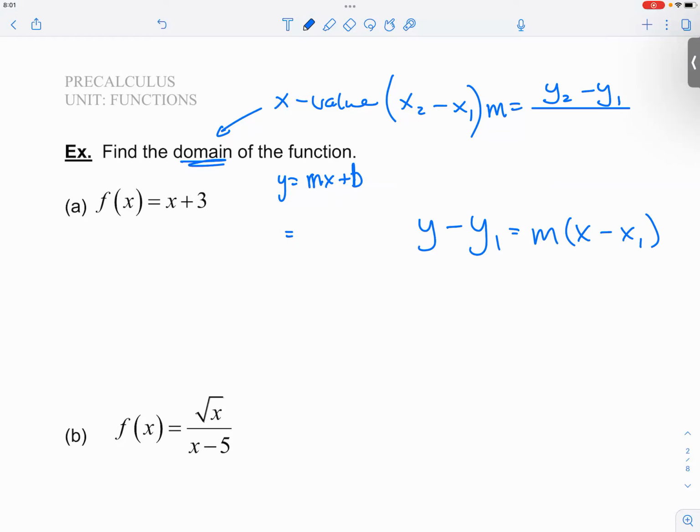And then next year in calculus, this is going to be very important. Okay, so don't lose them. So you have slope intercept form, point slope form. Do you know there's another form for a linear equation? Standard form, yes. Standard form is ax plus by equal to c, and SAT loves to feed you this form.